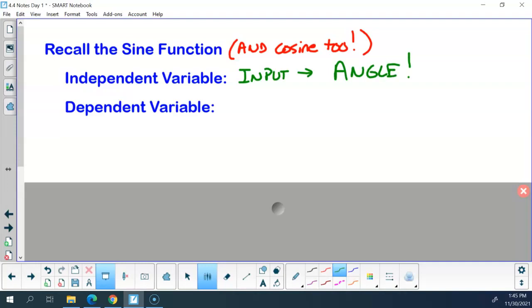We put an angle into the function. The cosine of 60 degrees. The sine of pi over 4. We put angles into the function. What we get out, the output, is a real number. So we're going to put in an angle measurement and get out a real number.